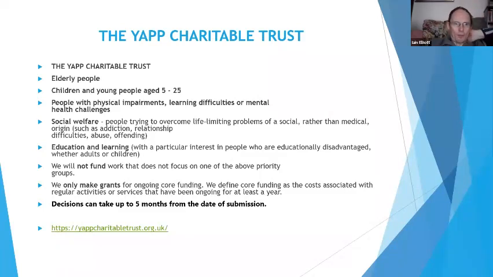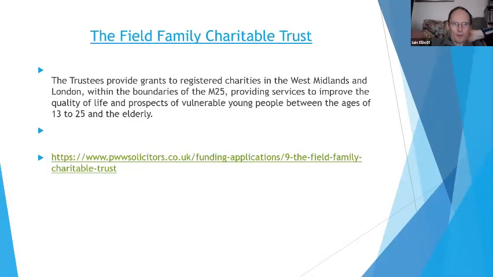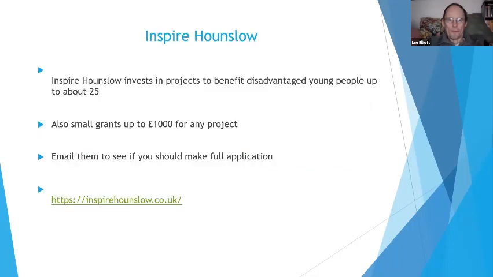No deadline at the moment, I think, but decisions can take 5 months. Field Family Charitable Trust, grants to registered charities in London for work with young people 13 to 25 and the elderly.